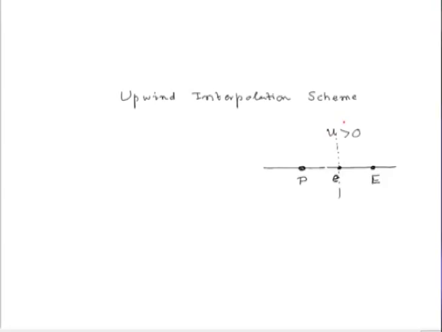So, by definition of UDS, f at e would be approximated by the value of f at point P. Why? Because in this case our v dot n at e is greater than 0.